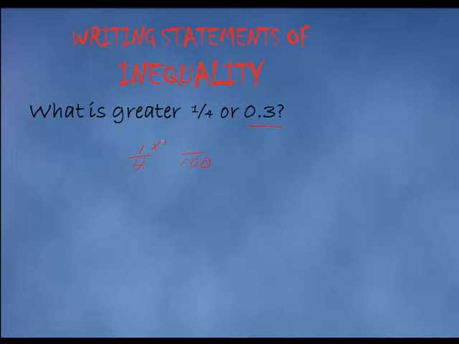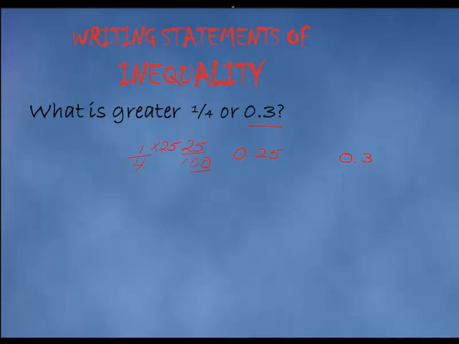From the previous slide, we saw that it was 25. 1 times 25 is 25. Keeping with place value, 2 zeros, so there will be 2 spaces after the decimal. So we have 0.25 and 0.3.